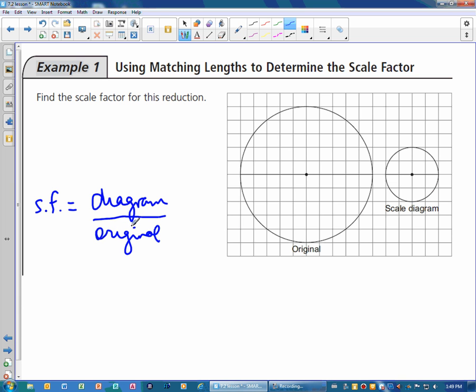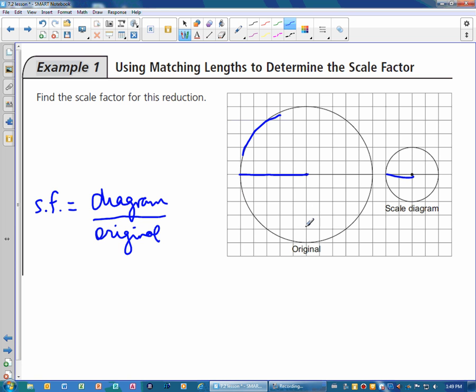So we've got this picture here, and it's a circle. You have to think, what would be the easiest part to measure in this circle? You can calculate, but you can't measure the distance around. That would be too hard. But it's not too difficult to measure the radius of both.